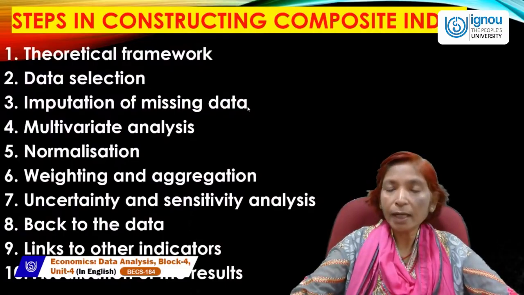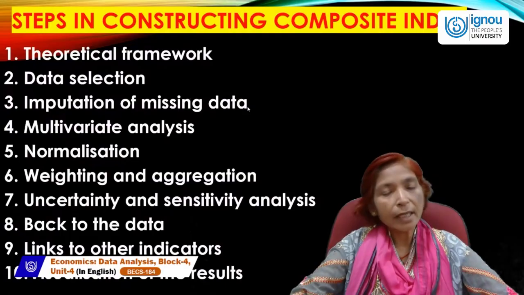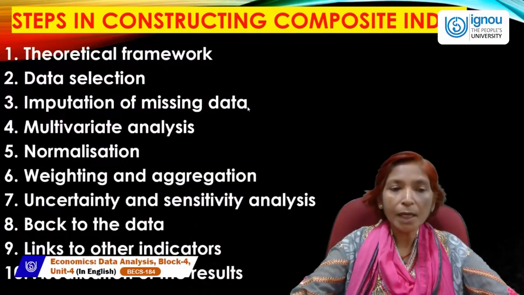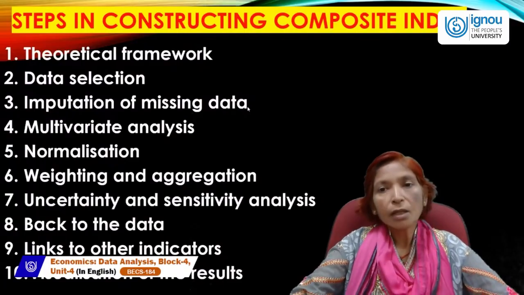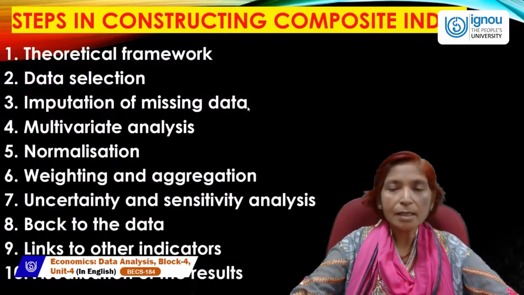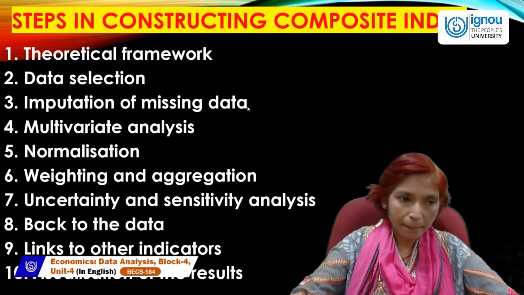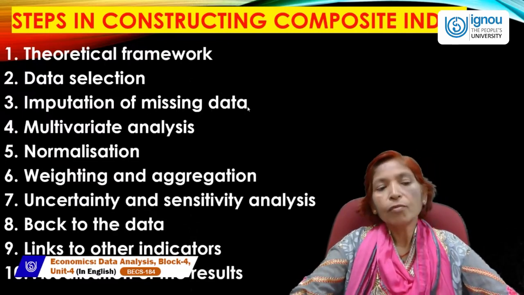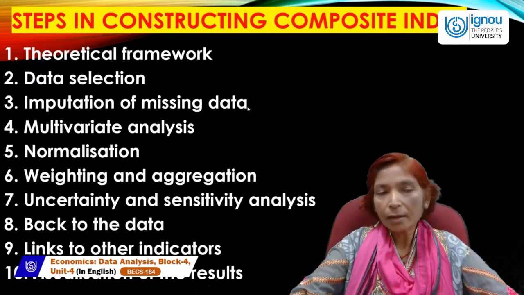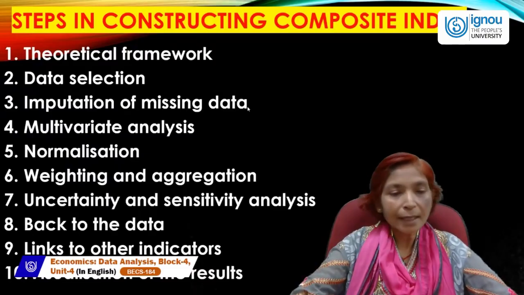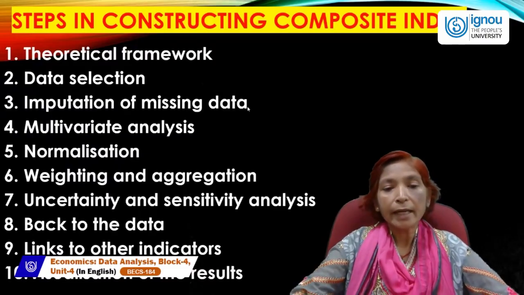Next is multivariate analysis. A composite index is based on multivariate analysis because it includes more than two variables, or it's a multi-dimensional concept. Next, we will normalize all the things we have collected. Then weighting and aggregation.